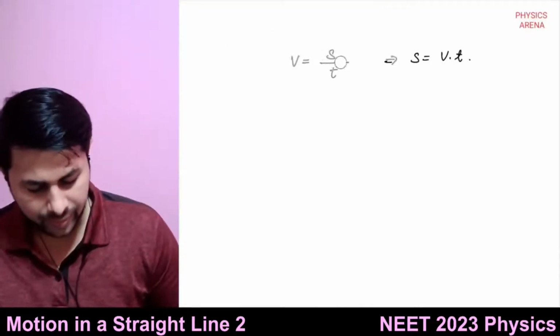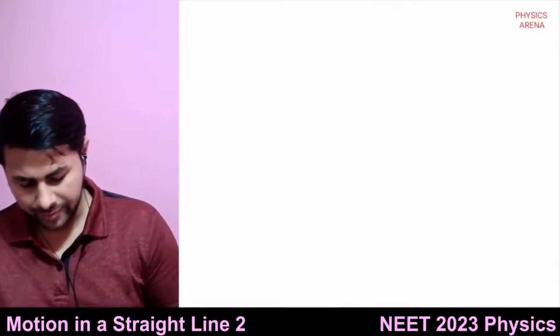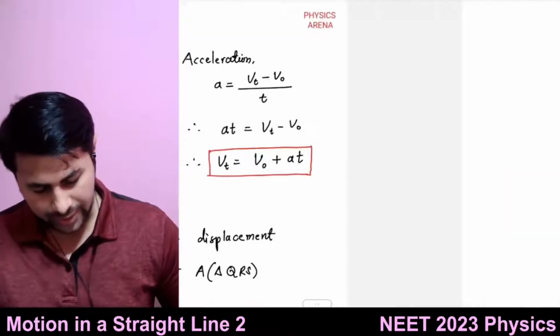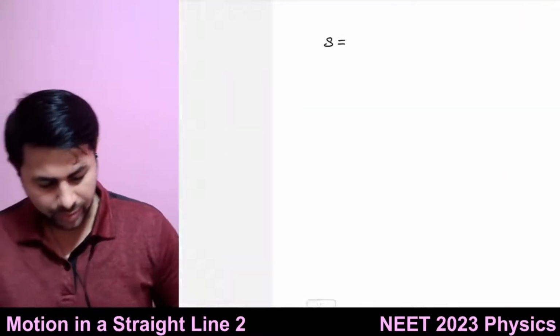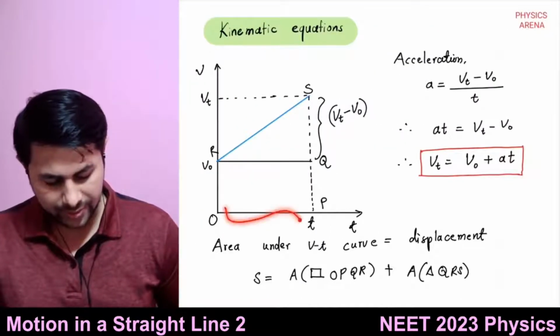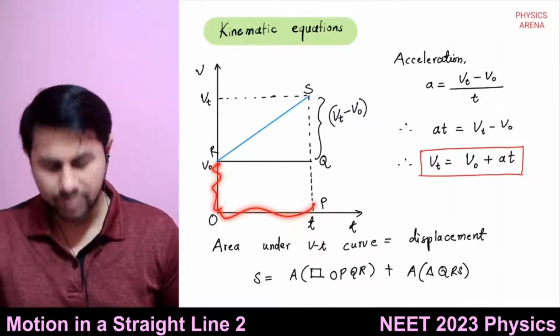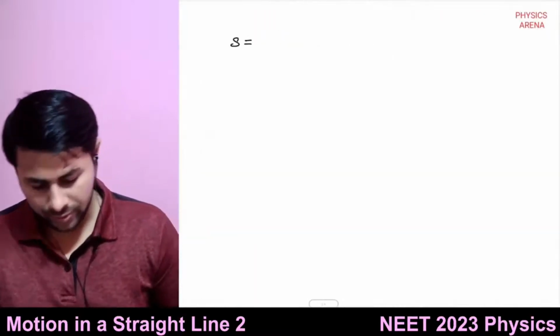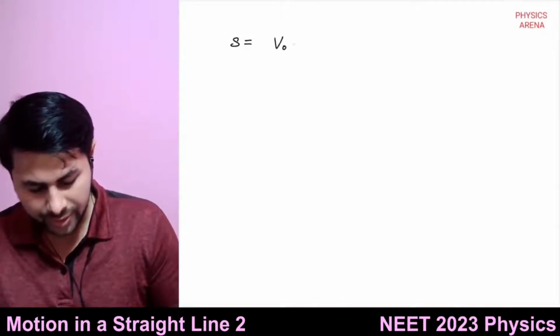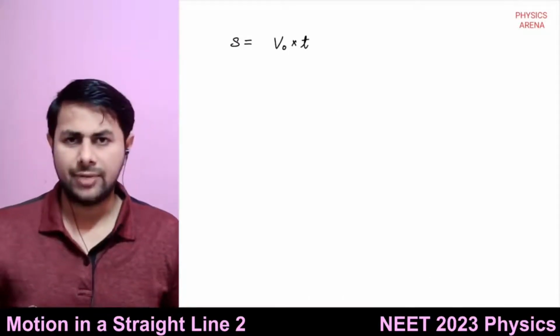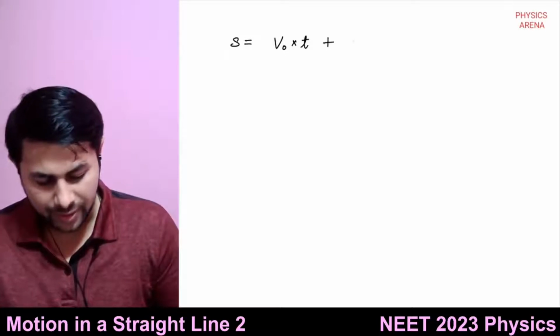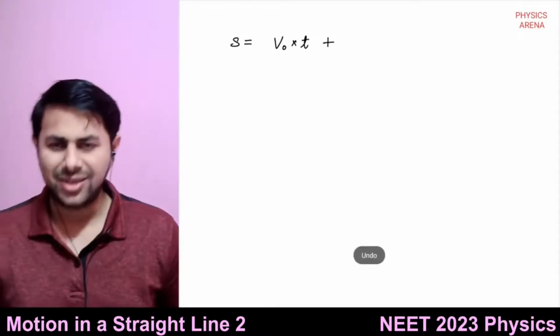So we can write S equals the area of this rectangle, which is this much length, time, multiplied by this much length, V naught. So it's V naught multiplied by time, length multiplied by breadth. And what is the area of a triangle?